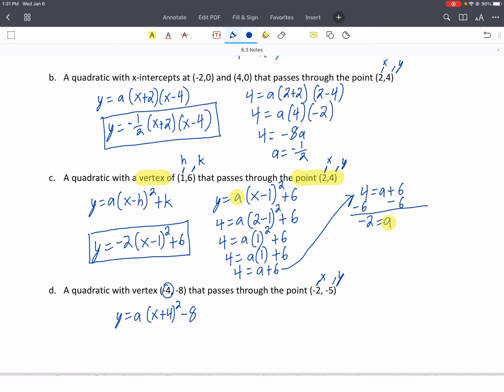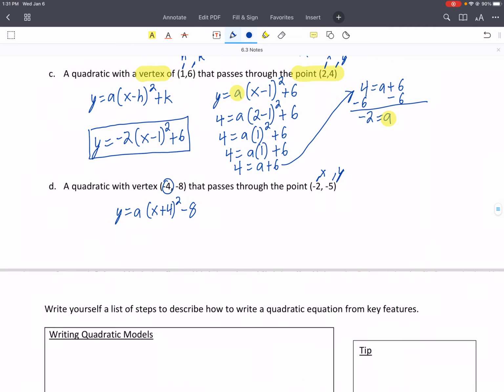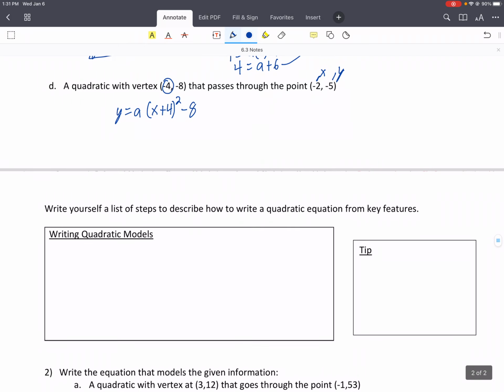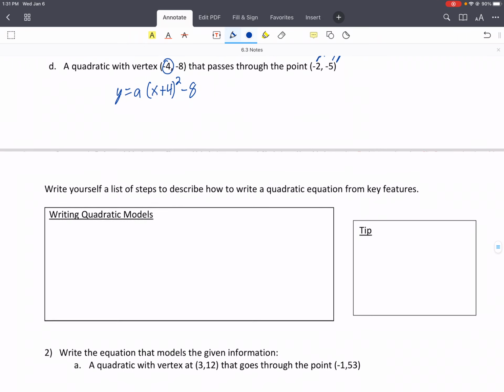So that's the answer for B there. If you're still working on D, that's fine.